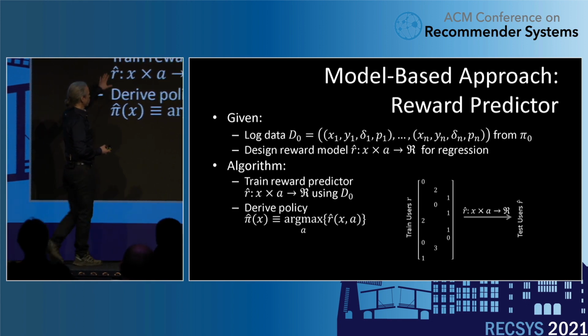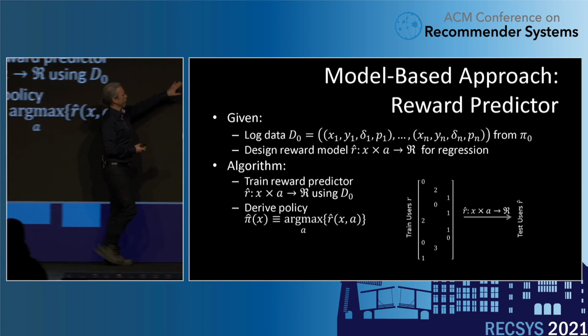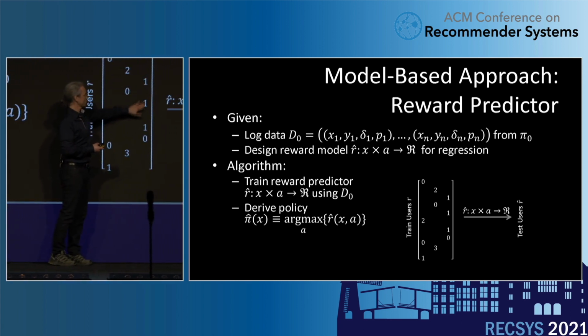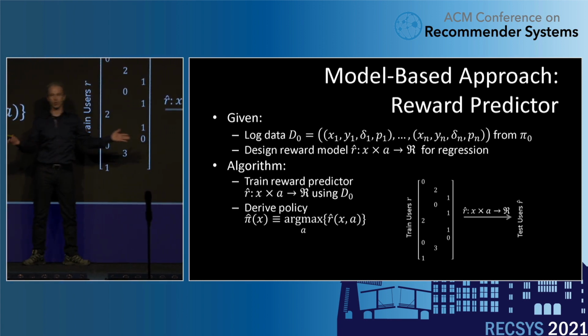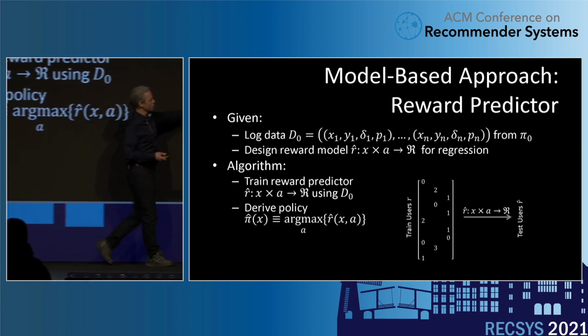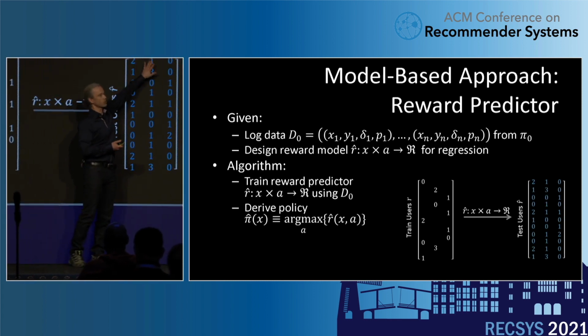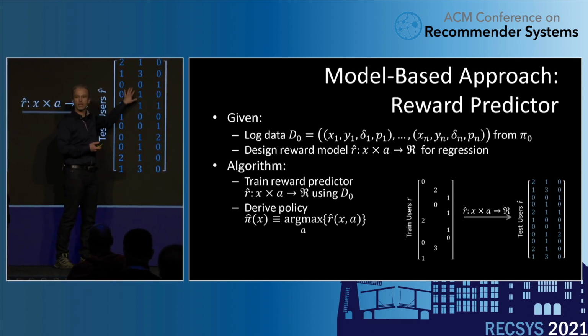So we train this reward predictor, R hat, from the training data that we have, right? We've seen these observations here. That's just a regression problem. We train our R hat, and then if we have new users coming in, we can just impute what the reward would be of taking each of these actions.